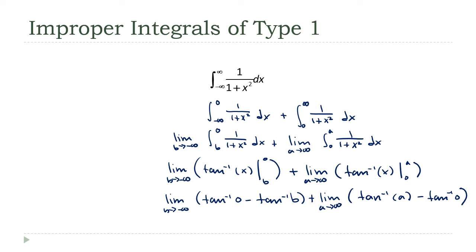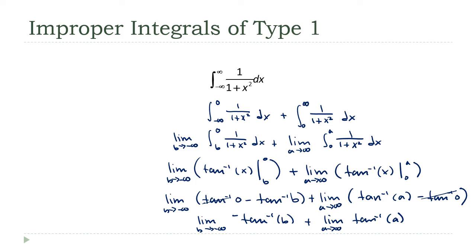The arctangent of 0 is 0, so these just go away. And what are we left with? We're left with the limit as b approaches negative infinity of negative inverse tangent of b, plus the limit as a goes to positive infinity of the inverse tangent of a. The left hand one: as b goes to negative infinity, the inverse tangent function goes to negative pi over 2.